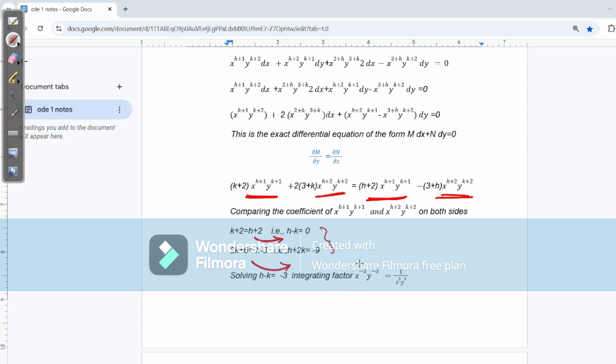The integrating factor is x^(−3) y^(−3), that is equal to 1 by x³y³. Multiply the equation by 1 by x³y³, that is, we get xy(y dx + x dy) by x³y³ plus x²y²(2y dx − x dy) by x³y³ is equal to 0.